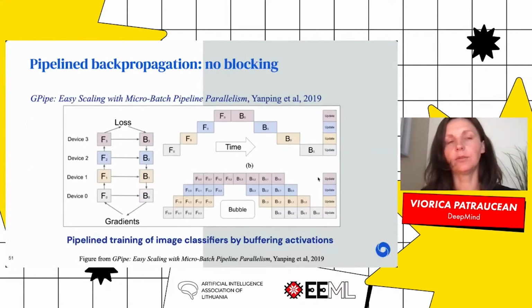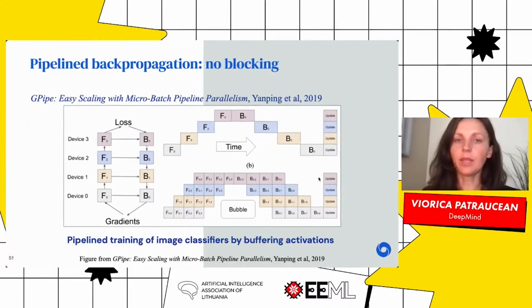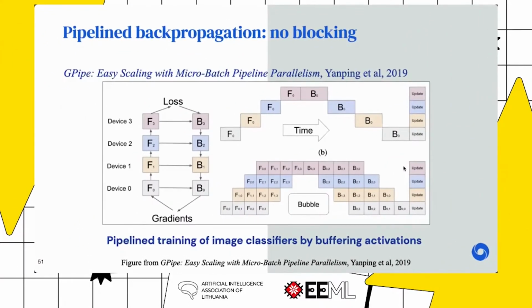Concurrently, colleagues from Google have observed that we can use pipelining mechanisms for training for image models, and basically they use pipelining for computations of activations and of gradients.